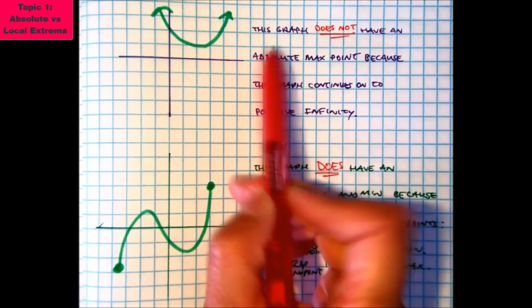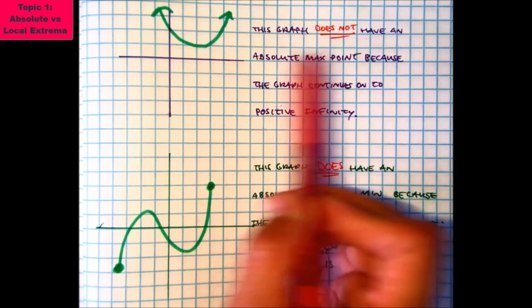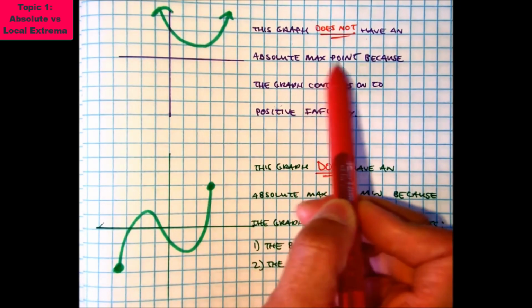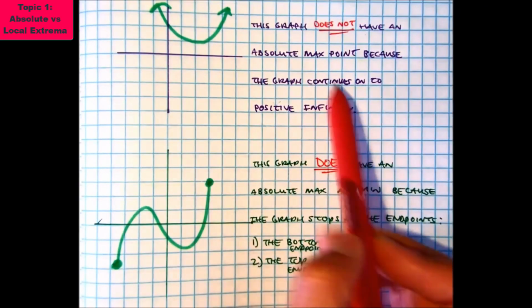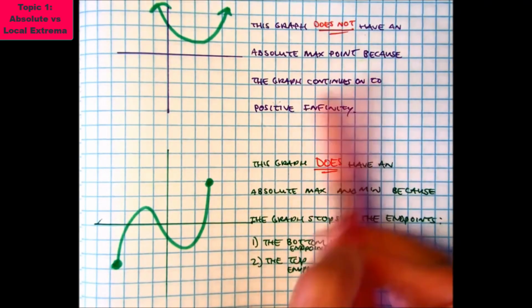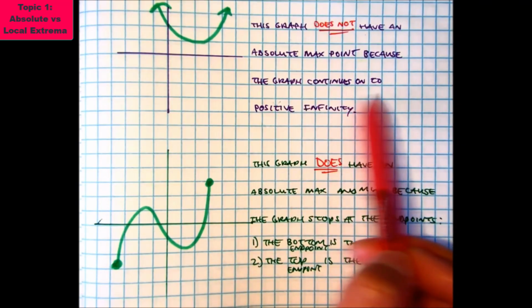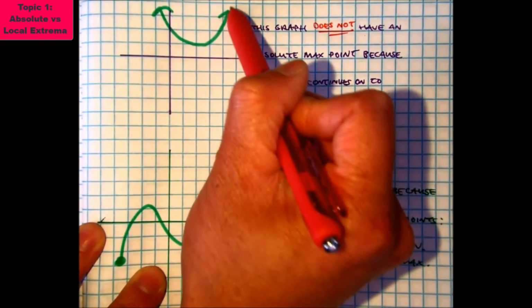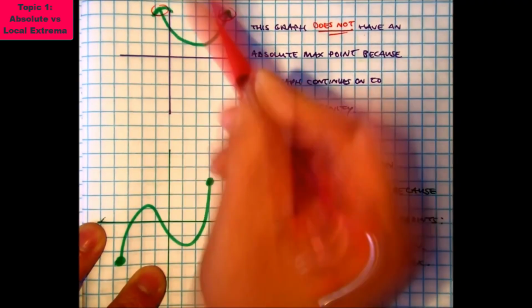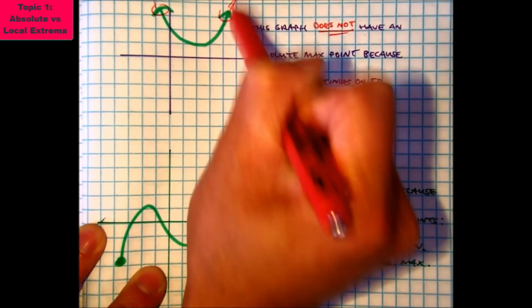Alright, this graph does not have an absolute maximum point. The reason why it doesn't have an absolute maximum point is because the graph continues on to positive infinity. How do I know it goes to positive infinity? Well, I see these arrows. And so the graph keeps going up.